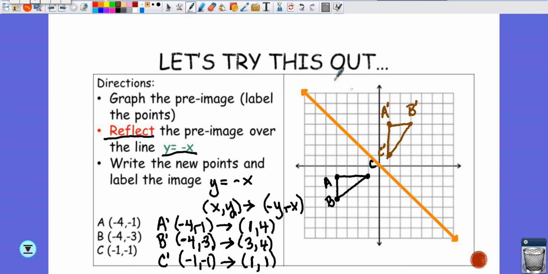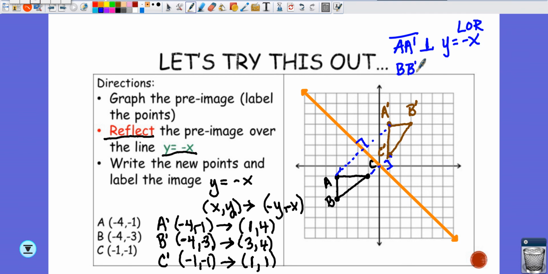And we did it. And if you fold across this line right here, you should notice that A is going to touch A prime, B is going to touch B prime, and C is going to touch C prime. And guess what, guys? The imaginary path that is taken from here to here is still going to be perpendicular to the line of reflection. And that's our line. So A to A prime is going to be perpendicular to y equals -x, because that's my line of reflection.